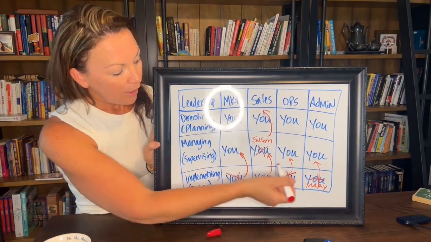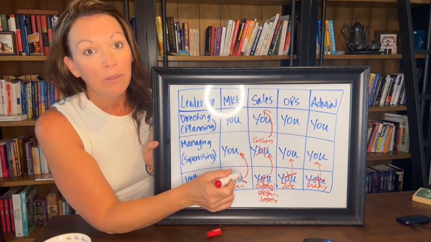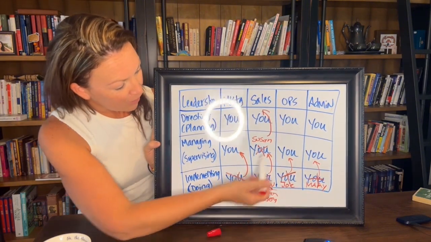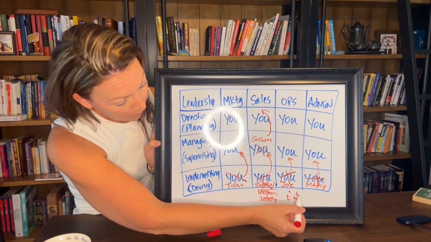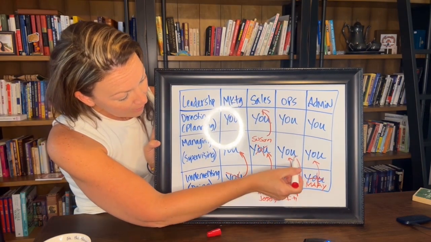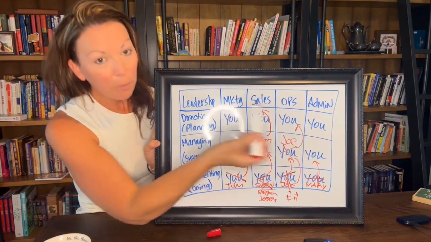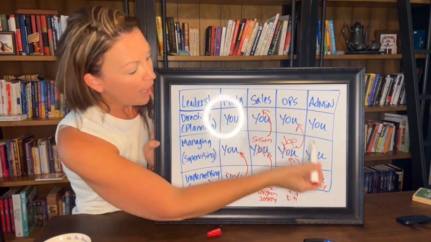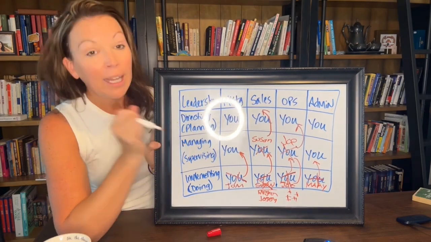So it takes a little work at first, but once you start doing it, you're going to free up so much more of your time. So look at all of these boxes now that are free. And the same thing can happen over here. You can have different people working under Joe, and now he's moved up here, and you've freed up another one of your boxes. So eventually you do that in all of these, and then maybe you're not just in the directing and planning phase.